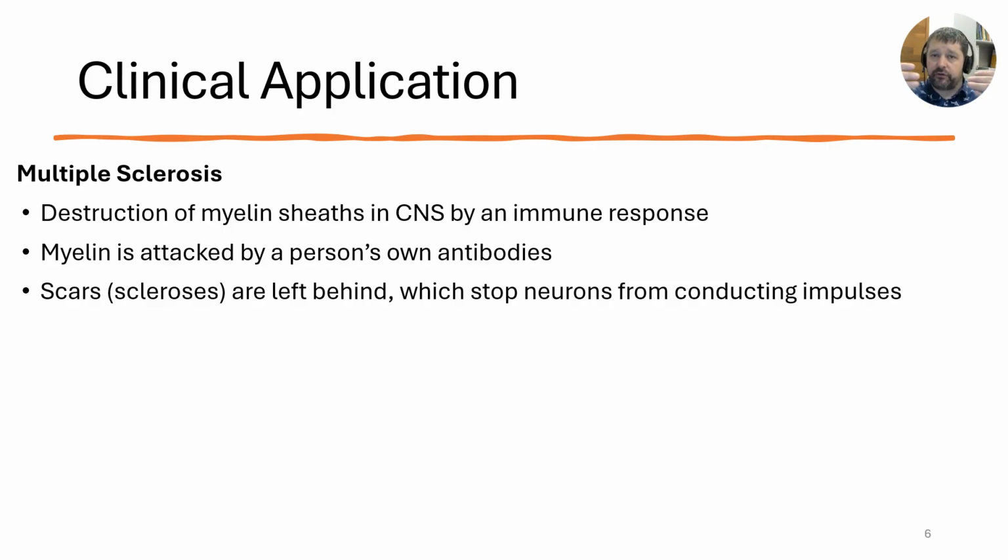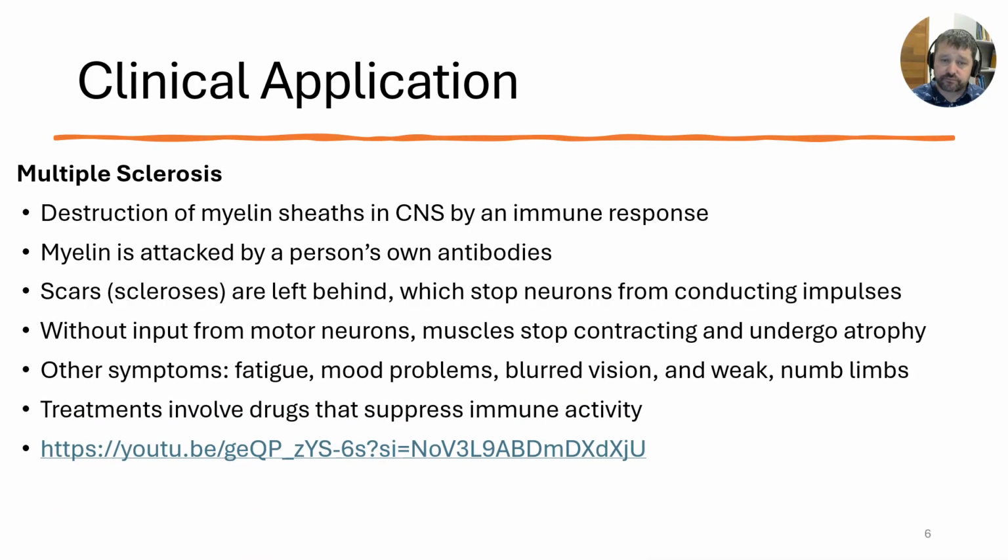You have this action potential, this wave moving down the axon all at once, but then you have this region where the myelin is no longer there and it's a scar, and it really stops or deadens that impulse so it doesn't reach its destination or slows down quite a bit.